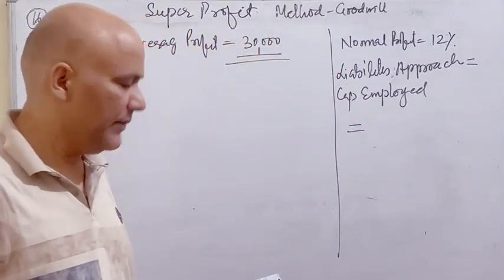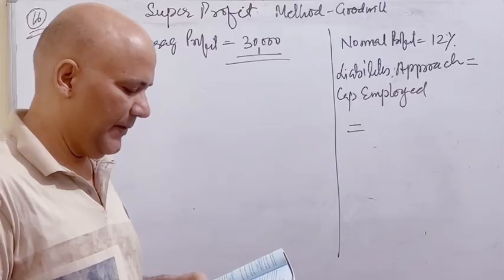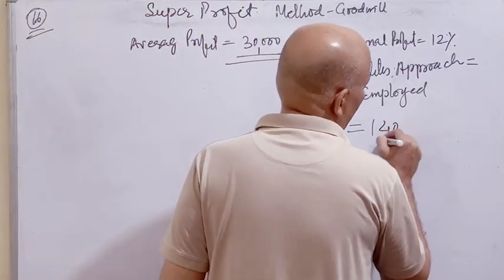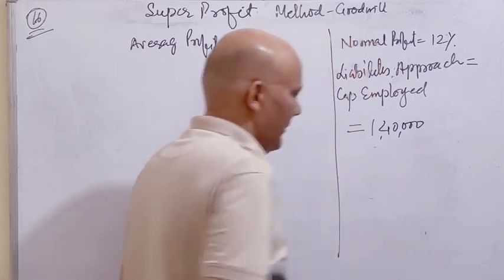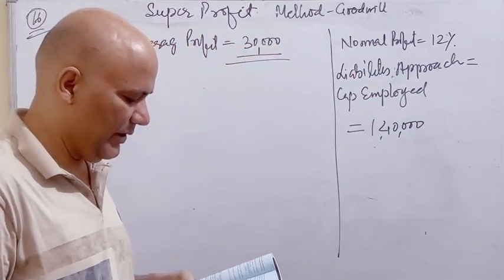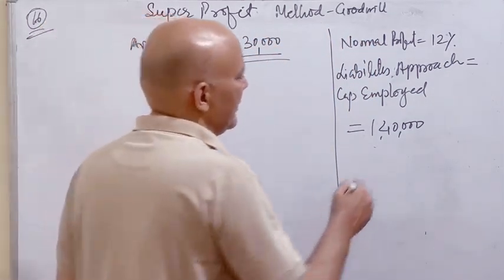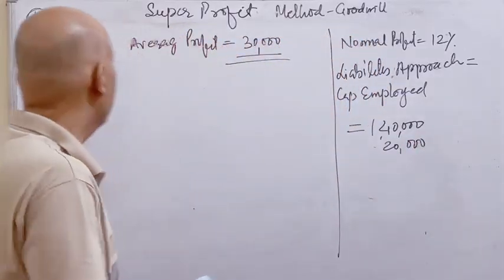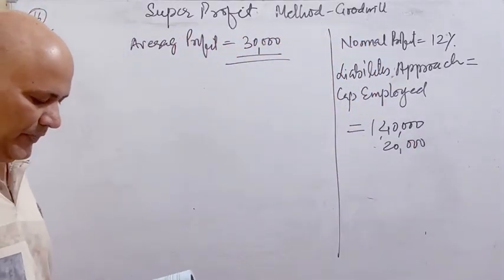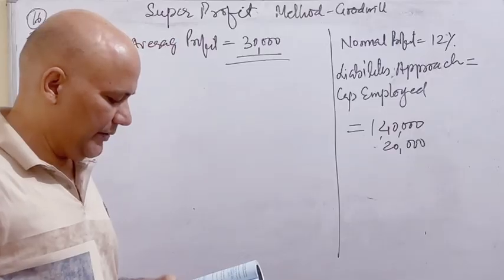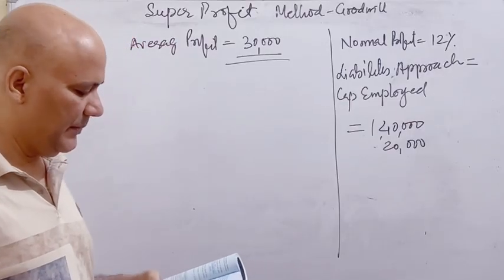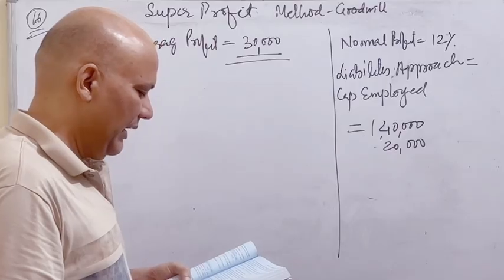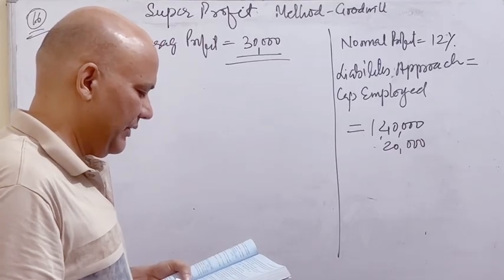The first item is share capital, given as 1,40,000. Then we have been given general reserve, 20,000 in the question. This is question number 16. On the liability side, we take capital plus reserve and surplus minus any fictitious asset.